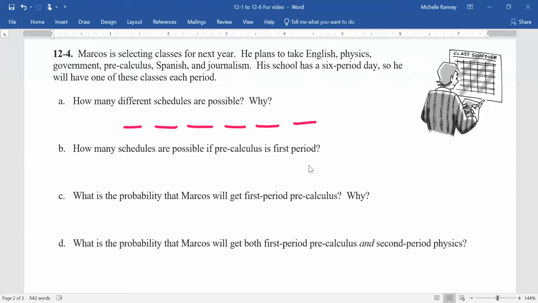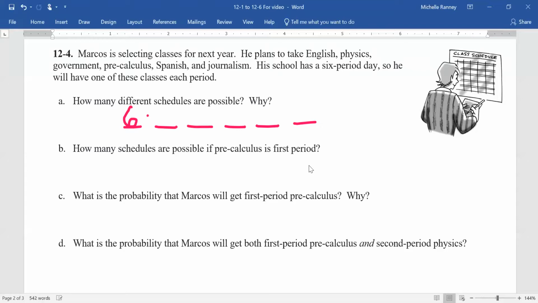He's not going to be taking 6 English classes or 6 physics classes. He's going to be taking one of each of these. So he has 6 choices for period 1, but once that period is filled, he's not going to take that particular class again.